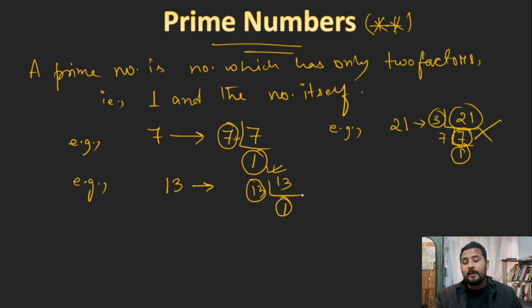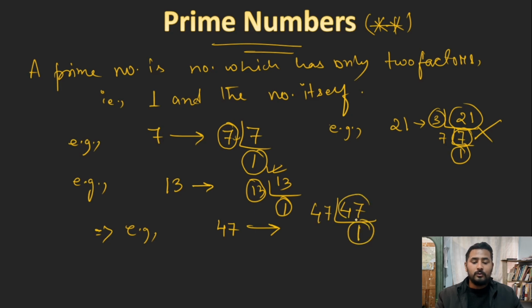The examples also. So if we talk about one more example, let's see, say a bigger number. If I go on giving you 47, is 47 a prime number or not? How will you check? So what you will do is you will factorize 47. So when you factorize 47, 47 times 1 is 47. And you see only two factors. So 47 is a prime number.